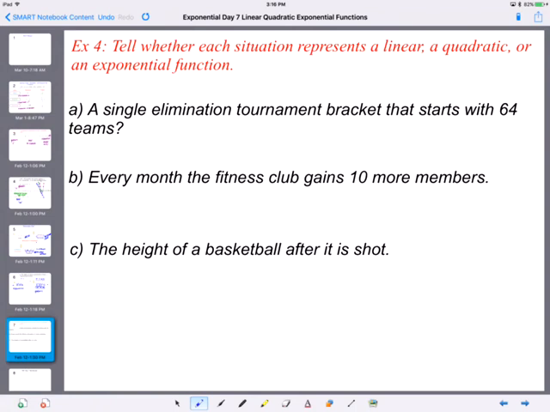If you think of March Madness and a bracket with all 64 of these teams, once a team's eliminated, you get to a smaller bracket, and then these teams would play each other and you would have the winner eventually. What kind of function do you think this represents if you go from a lot of teams to one team very quickly? An exponential function is correct.